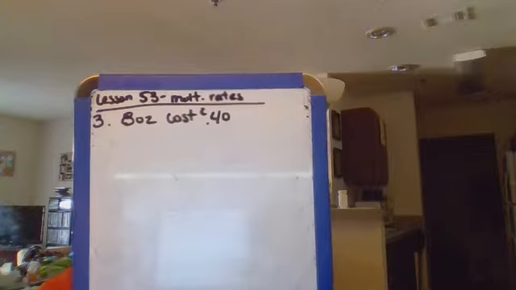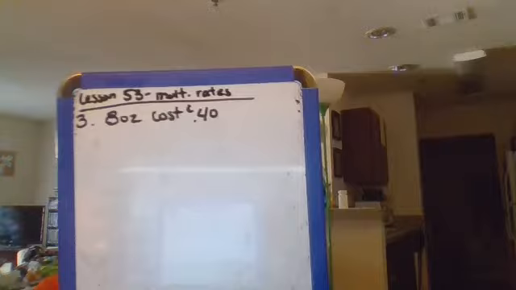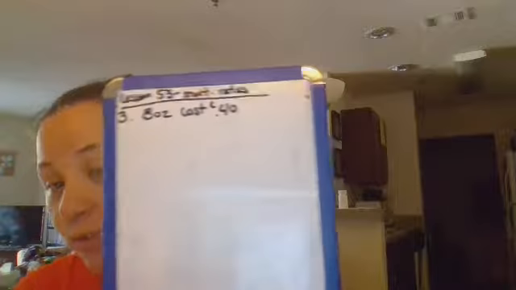So for this one, we know that 8 ounces of something costs 40 cents. And this can be written in 2 different ways.